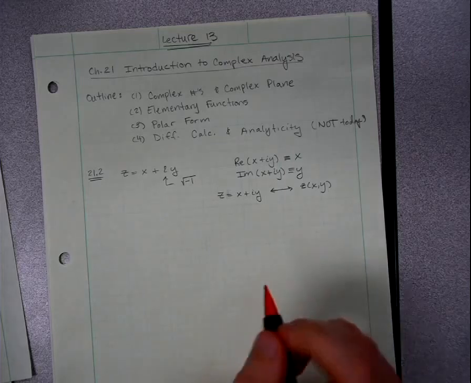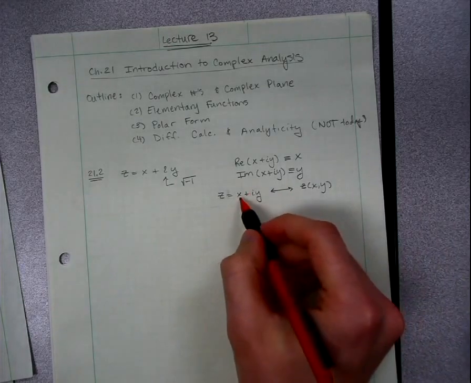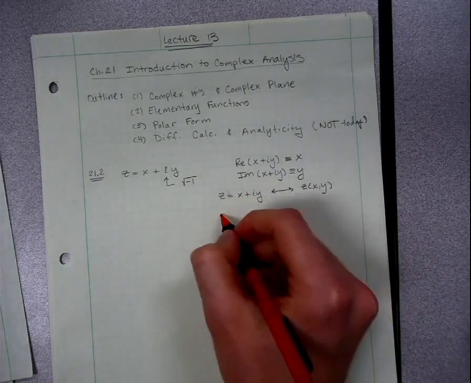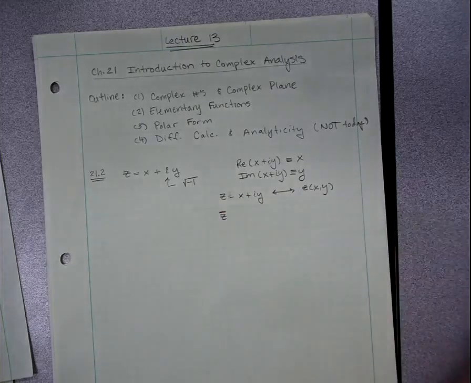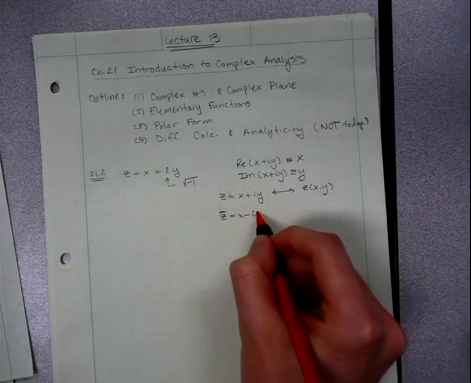Another thing to know is that if we want to know the complex conjugate of z, we're just going to put a minus sign here instead of x plus iy, x minus iy. So z bar, that's how it's denoted as a complex conjugate. z bar equals x minus iy.